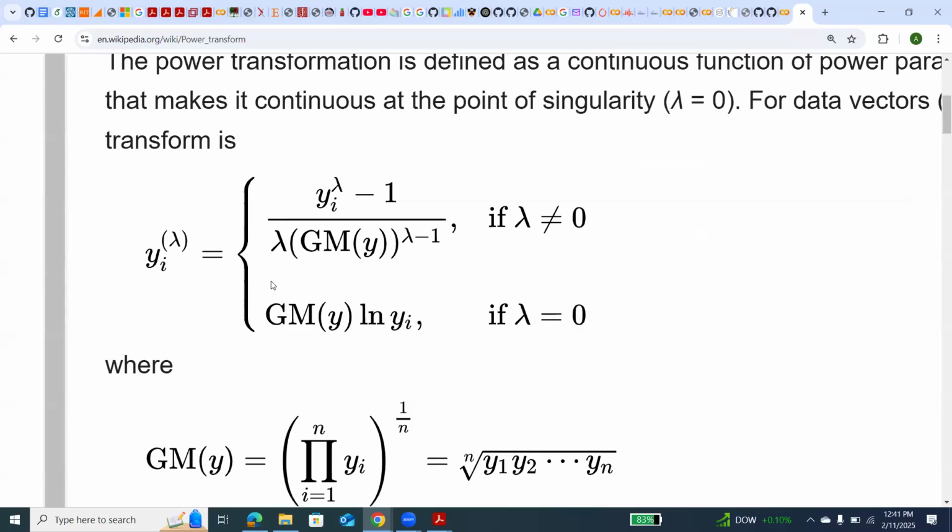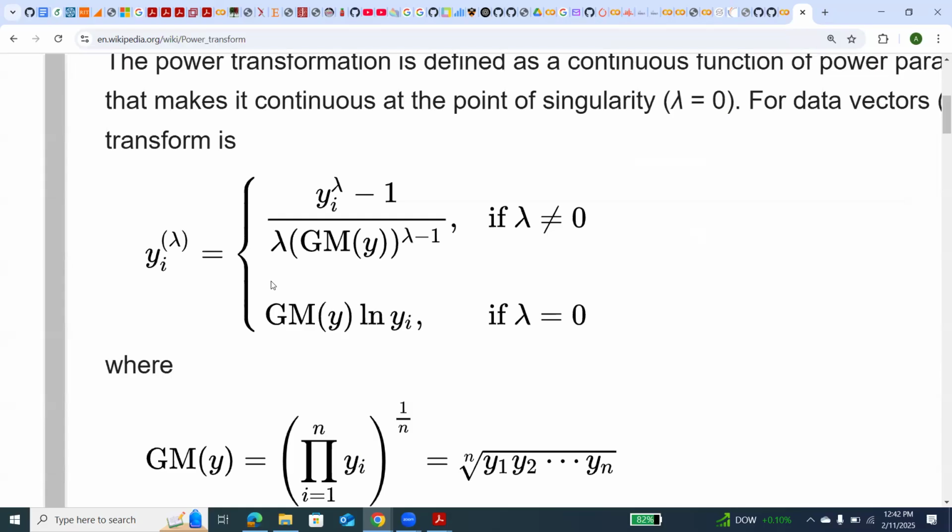So you choose this alpha or logarithm to make the distribution of the target closer to normal distribution. And then linear models perform better. Okay, so that's it about regression.